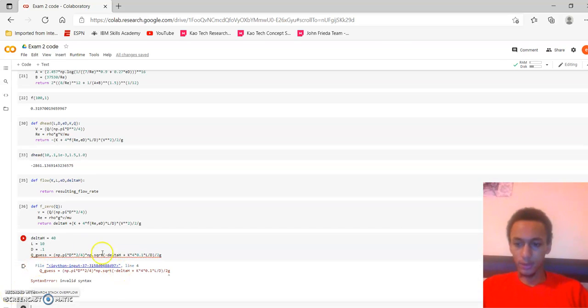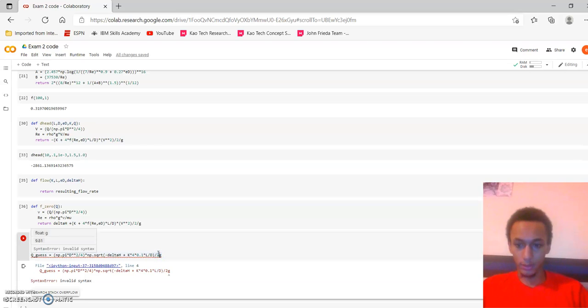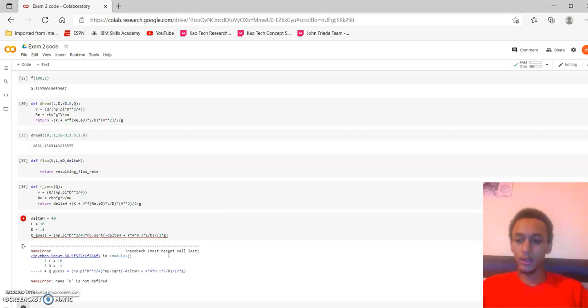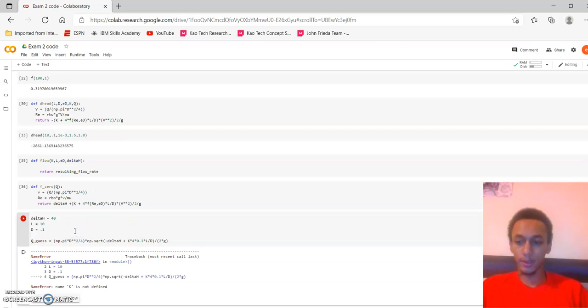Invalid syntax means more than likely a parenthesis was wrong somewhere. It always is. Always the 2g that catches me. If you do that, K is not defined. So K is equal to 1.5 as usual.